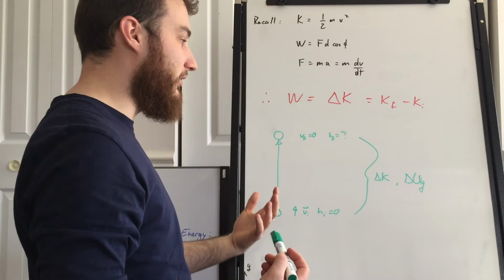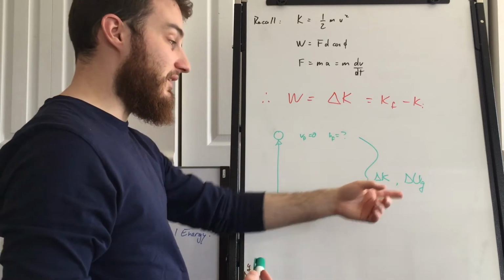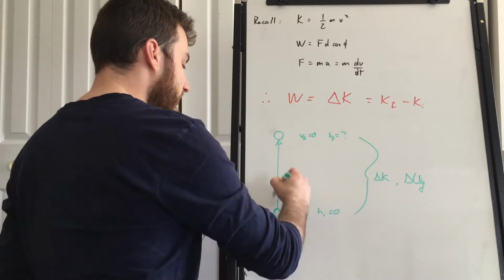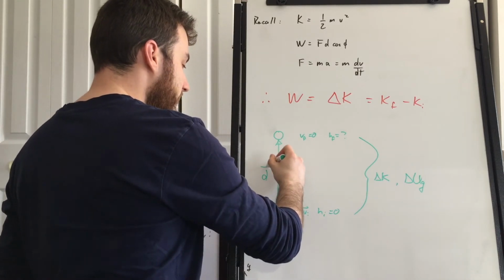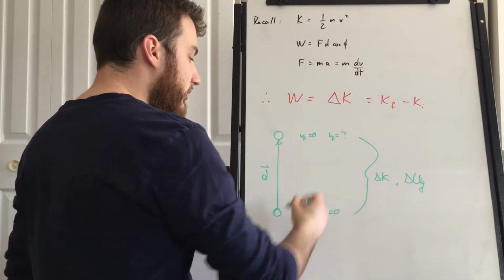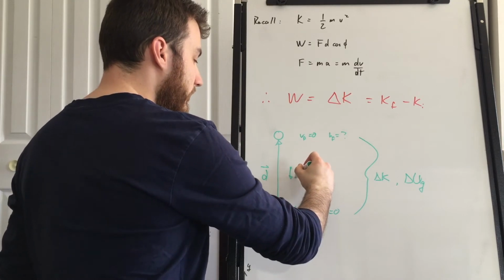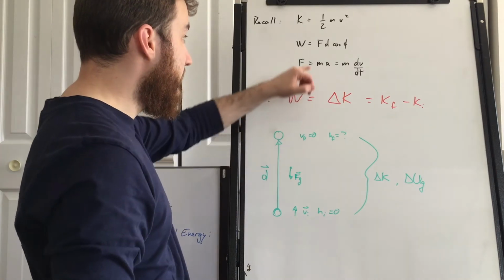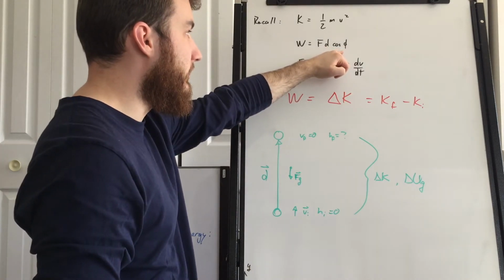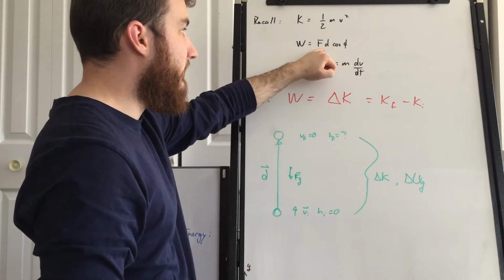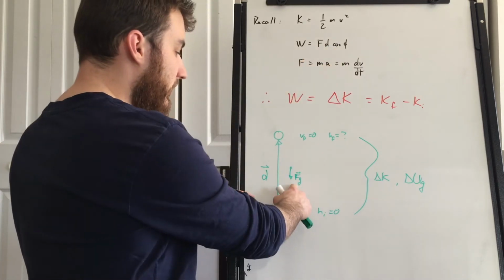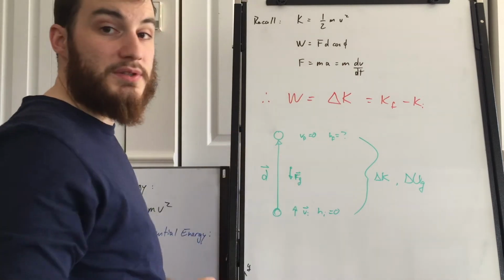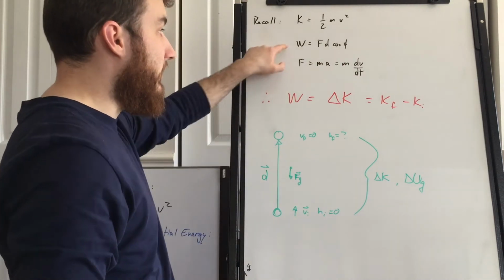There's a work done by the gravitational force, in this case, that points against the displacement. Here, this big green arrow is the displacement. At every point, we have the gravitational force. Since the angle is 180 degrees, F times d times minus 1 because of the opposite directions of the vectors, that's our work.